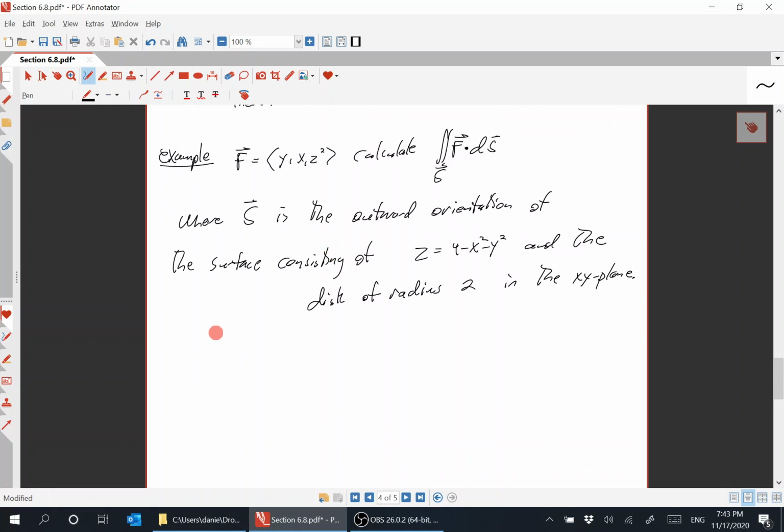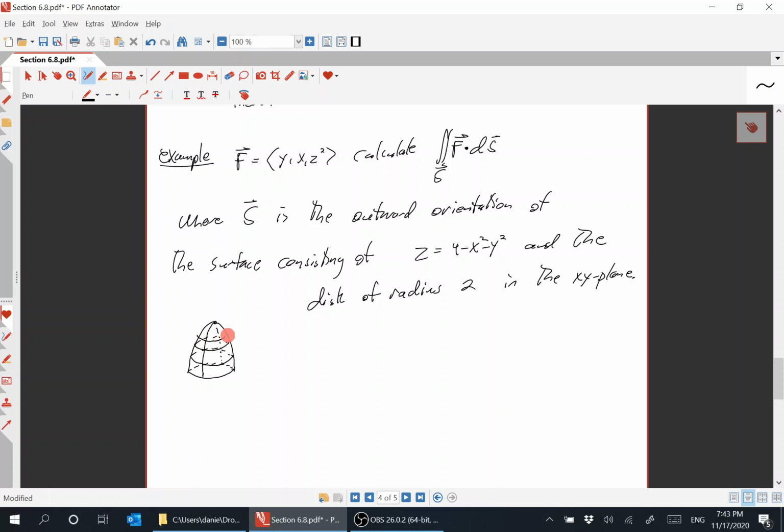Okay, so what that's going to look like, you've got the paraboloid here. The surface has to be closed. We looked at this with Stokes' theorem, but with Stokes' theorem you don't have a closed surface.